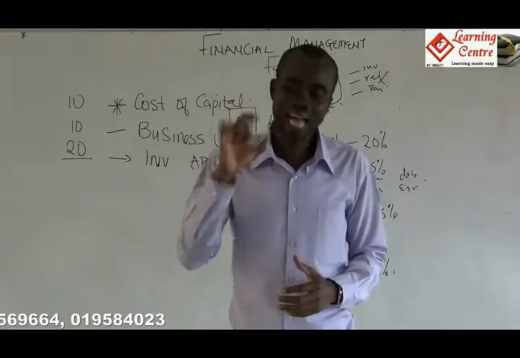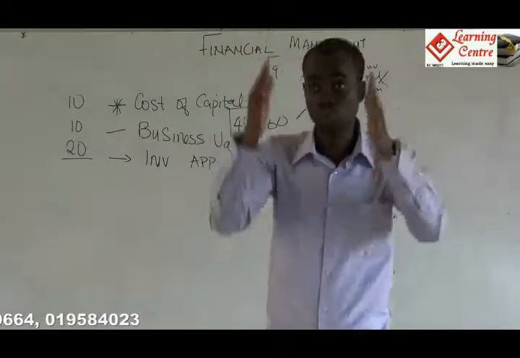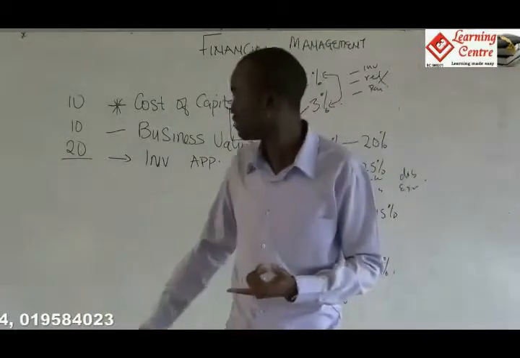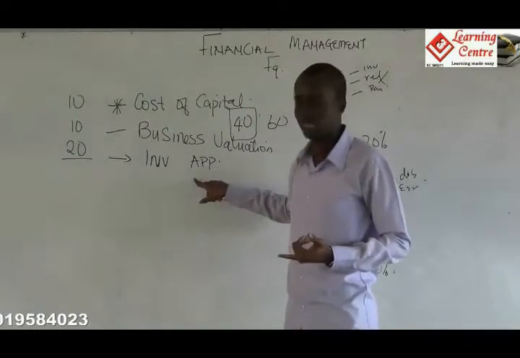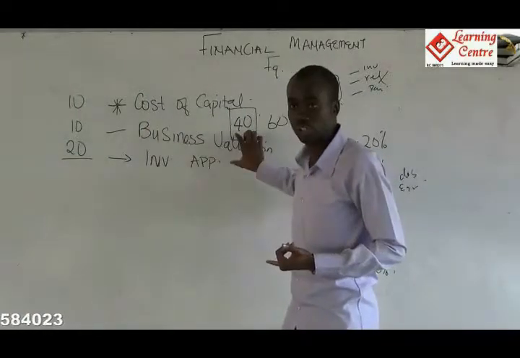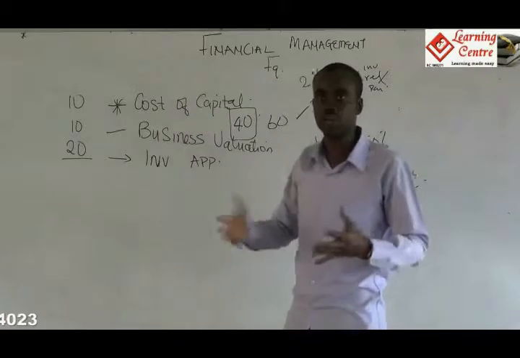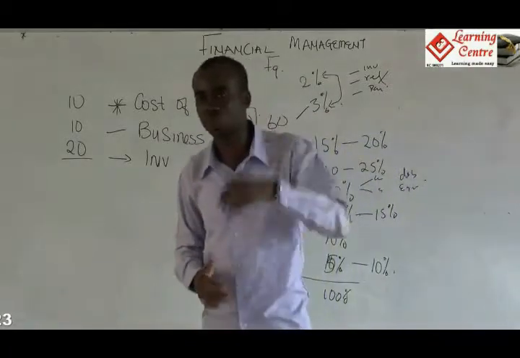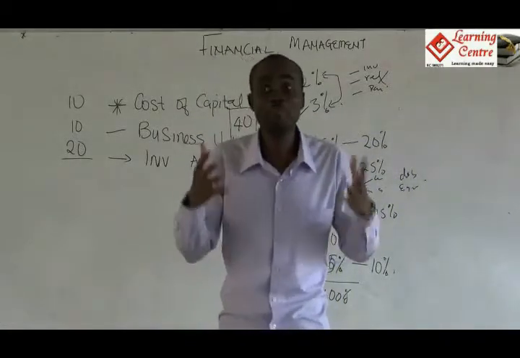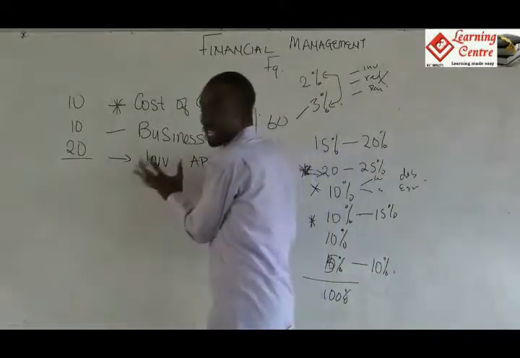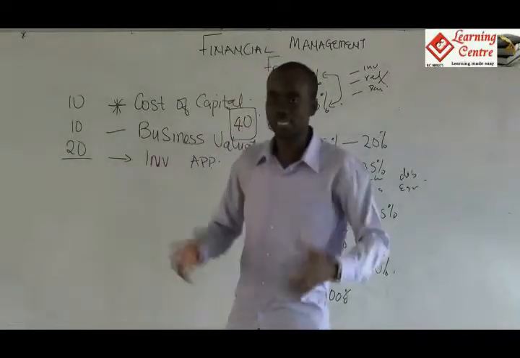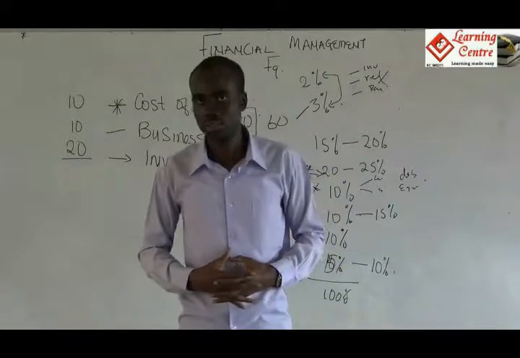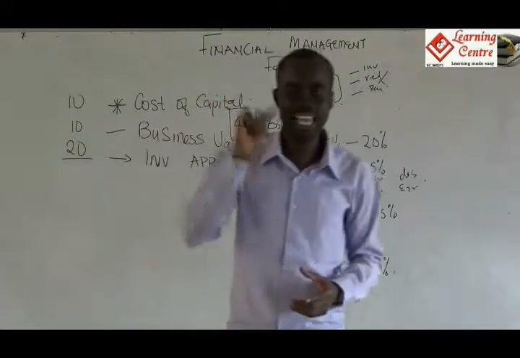He would ask you to solve question 1, bring in an investment appraisal question, include a business valuation, also include a cost of capital in just a single question. So it means that you cannot just know investment appraisal and expect to pass. Are we together?